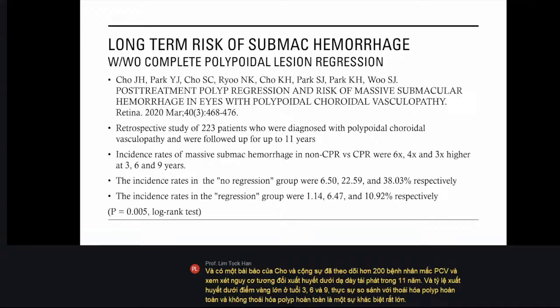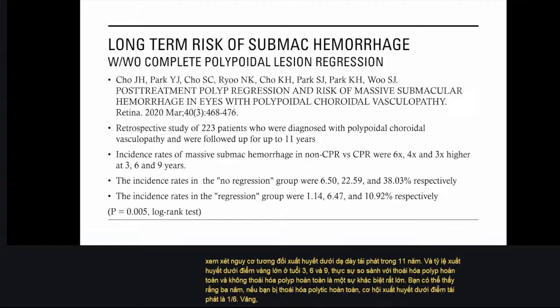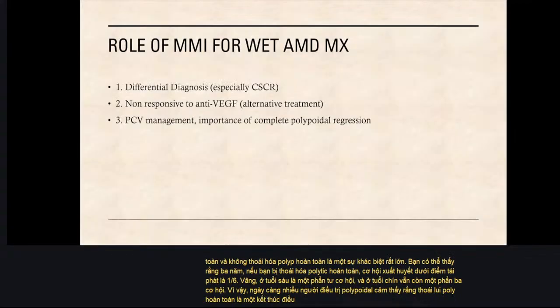So you can see at 3 years, if you have complete polyp regression, you're at 1/6 the chance of getting a recurrent submacular hemorrhage. At 6 years it is 1/4 the chance, and at 9 years it is still 1/3 the chance. So therefore, increasingly, many people who treat polypoidal feel that complete polyp regression is an important treatment endpoint.